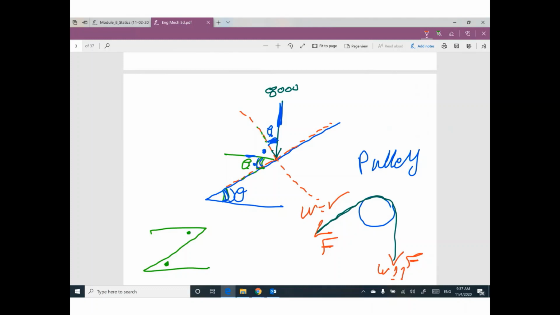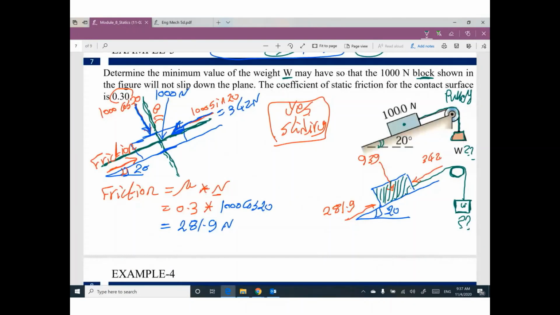That makes sense? So I think we will have a force here, W. This force is trying to support this block.